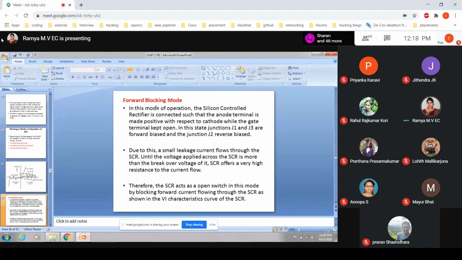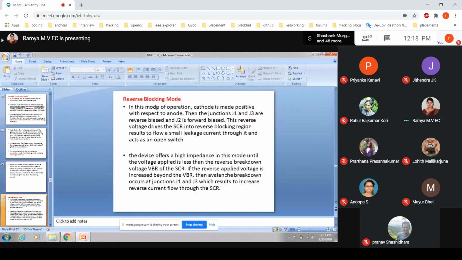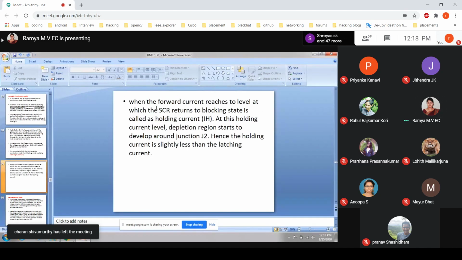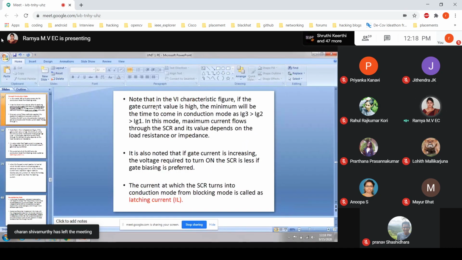So there are three modes of working: forward blocking mode, forward conduction mode, and reverse blocking mode. In the forward conduction mode, we need to understand two terms: latching current and holding current.